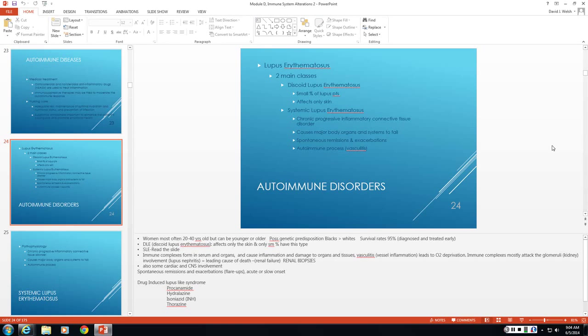Now, one autoimmune disorder we're going to look at real quick is lupus erythematosus. Now, women are most often to get this, and usually between 20 and 40 years old, but they can be younger and they can be older.